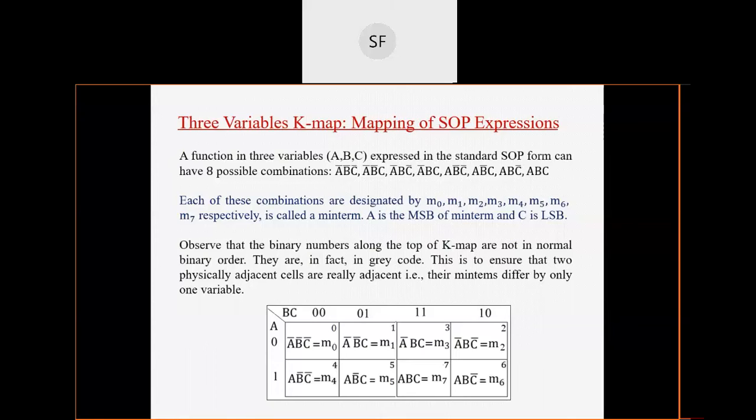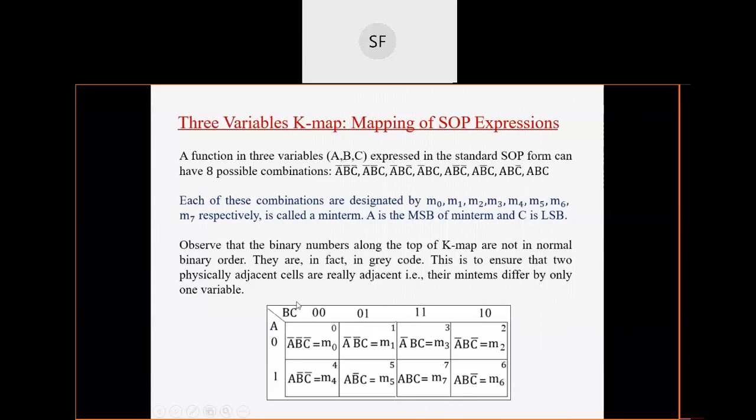Now this is the structure of the 3 variable K-map. You can observe here. One variable is assigned here, so A is written here, and then BC, that is two variables combined, are written here. The value associated with A is 0 and 1, that is two rows.